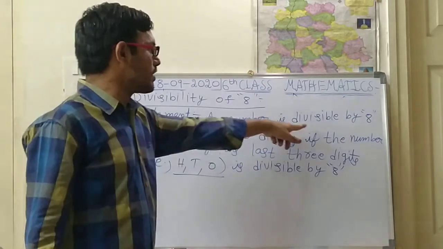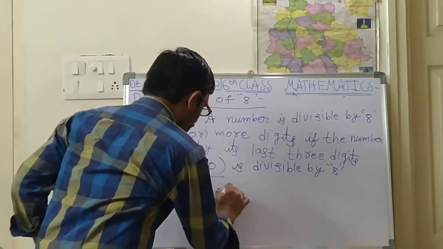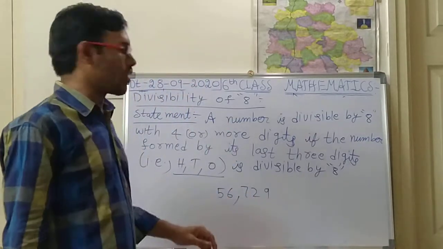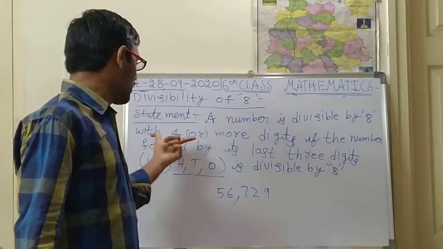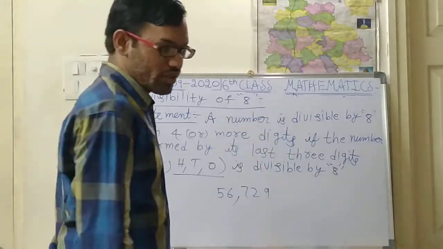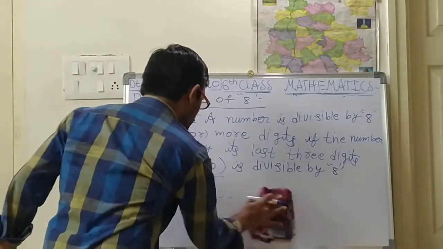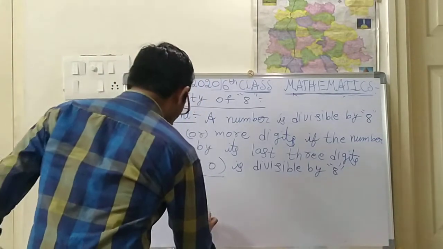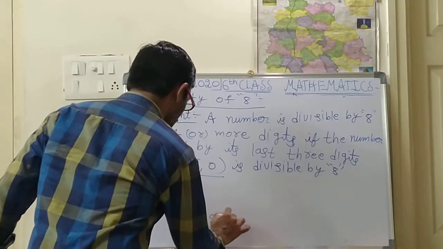A number is divisible by 8. Suppose a number like 56,729 is there. A number with 4 or more digits. For example, like this number we shall write: 1, 2, 3, 4, 5, 6.